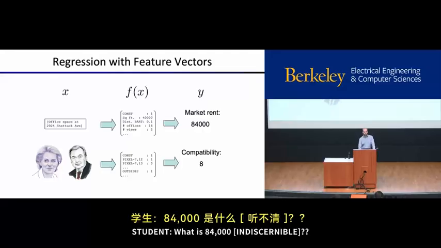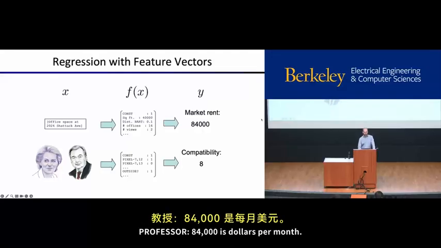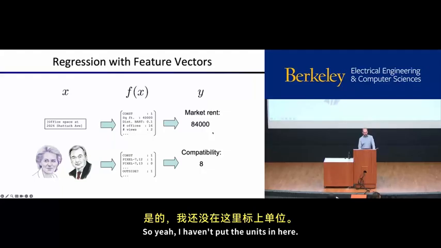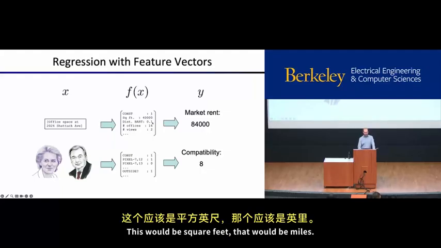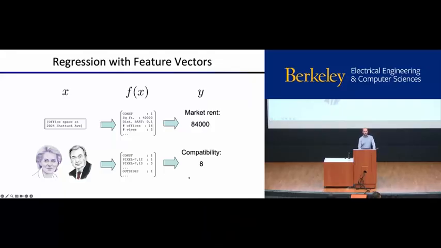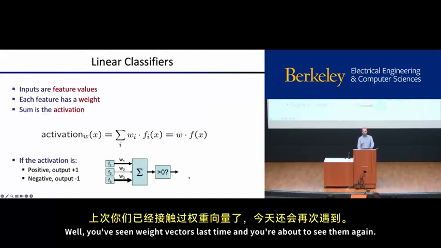Yeah. 84,000 is dollars per month. So, yeah, I haven't put the units in here. I mean, this would be unitless. This would be square feet. That would be miles. Well, you've seen weight vectors last time, and you're about to see them again.